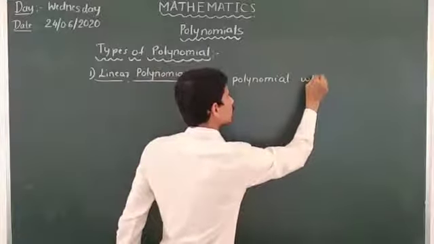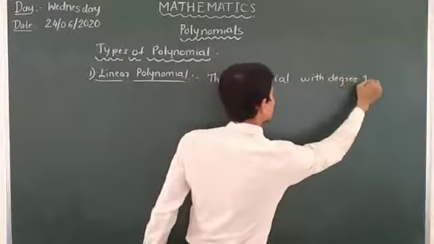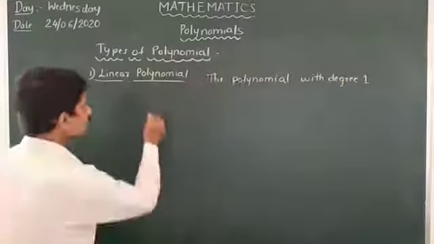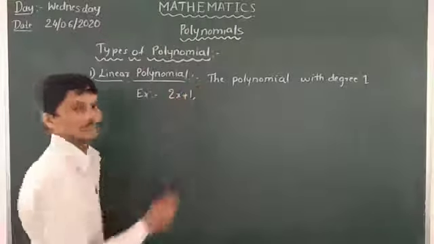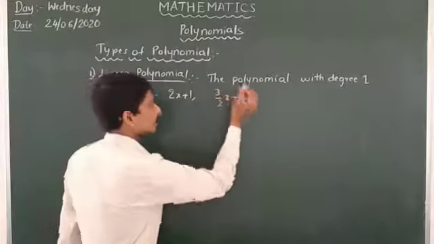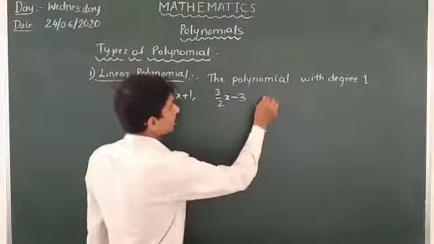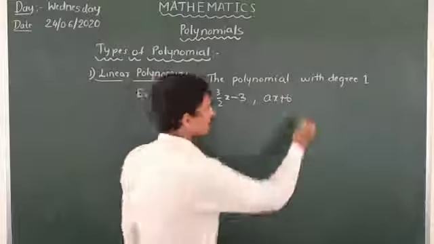For example, we are taking 2x plus 1, then 3 by 2 x minus 3, then ax plus b.